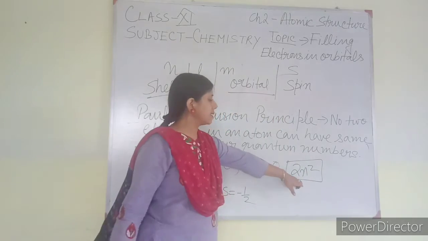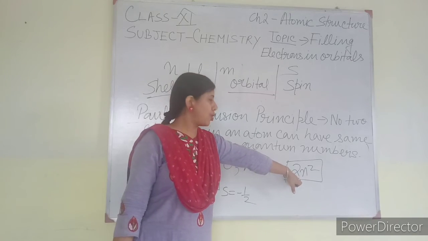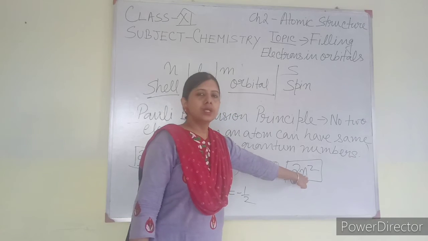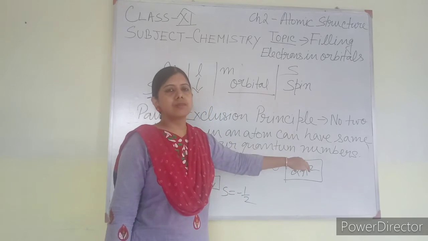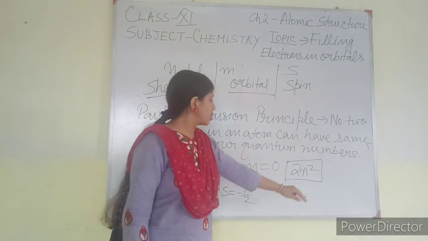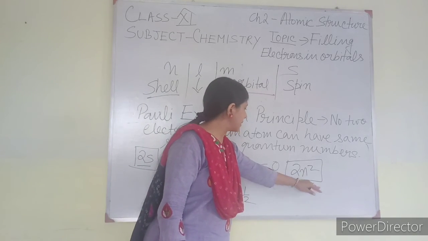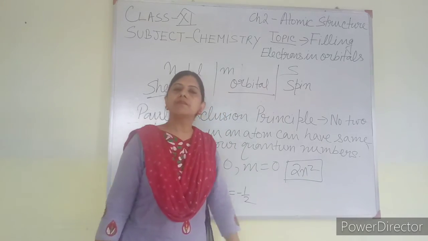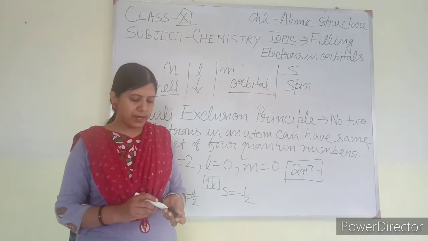Why 2n square? N square gives you the orbital numbers, and in each orbital 2 electrons are entering. So the total number of electrons is 2n square. These numbers and formulas you have to remember.